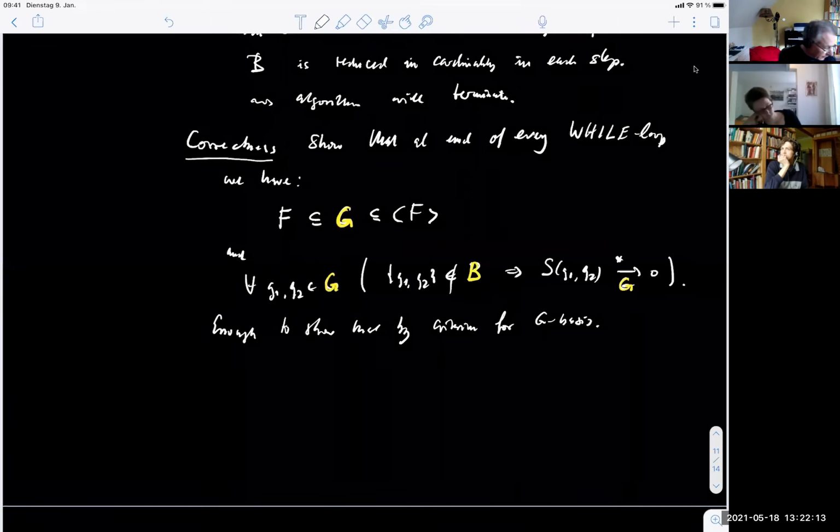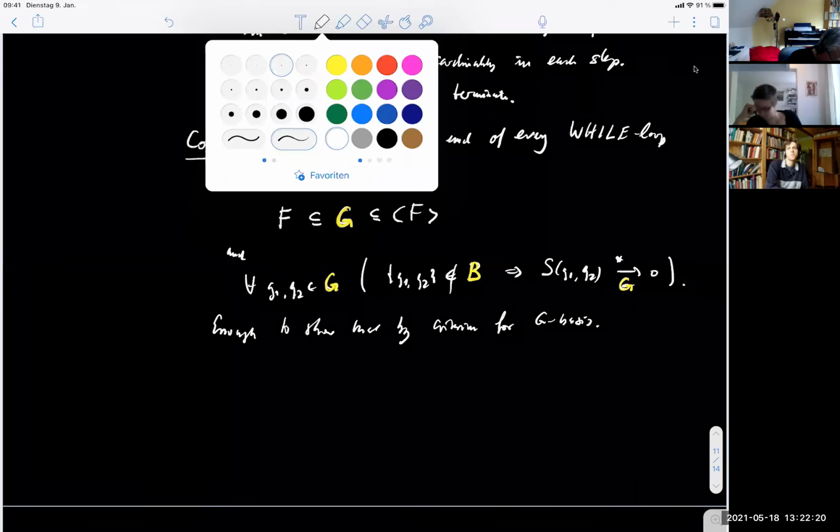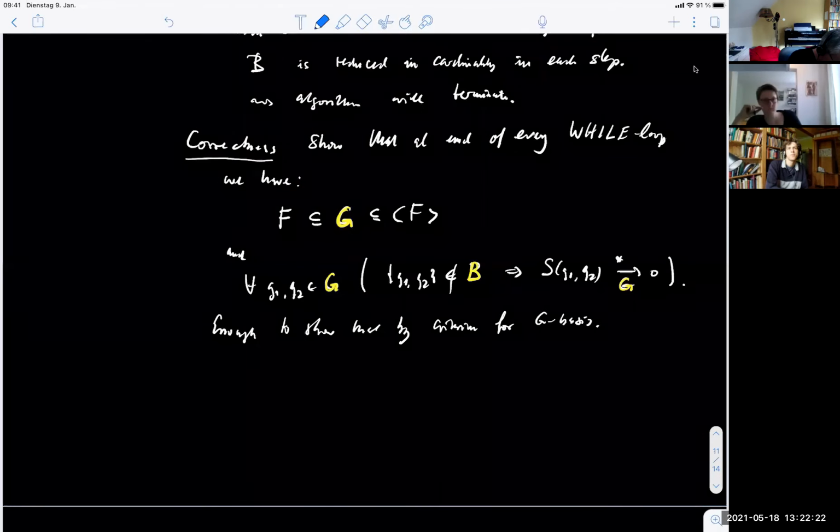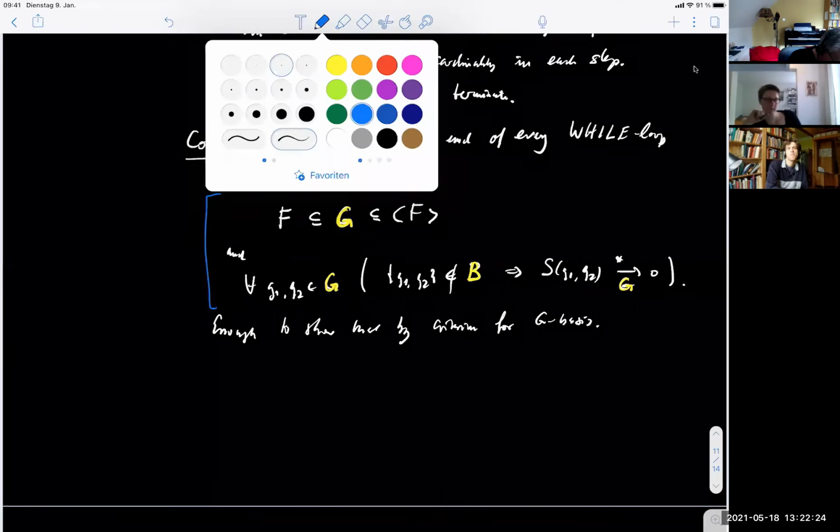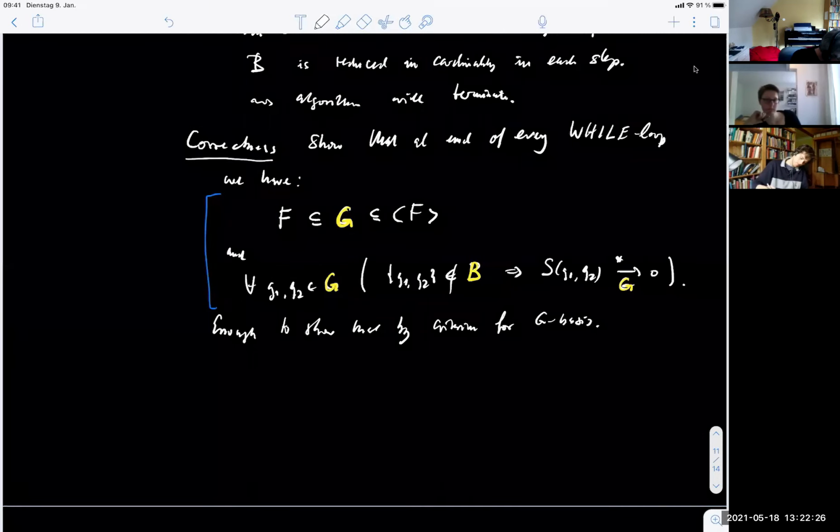So we need to show this statement here. Use a little bit of colors, the blue one. Show, by induction actually.